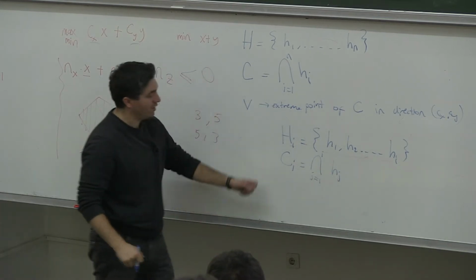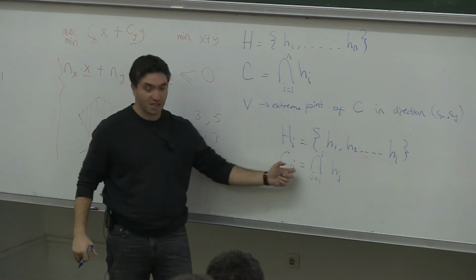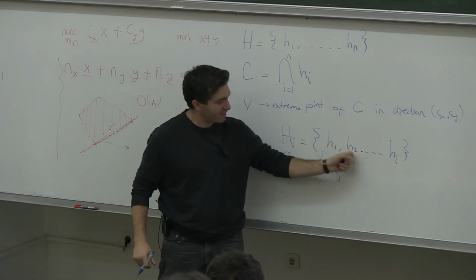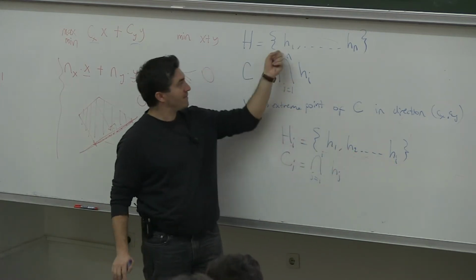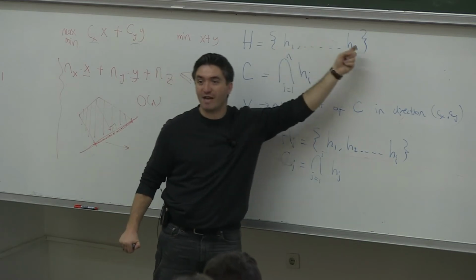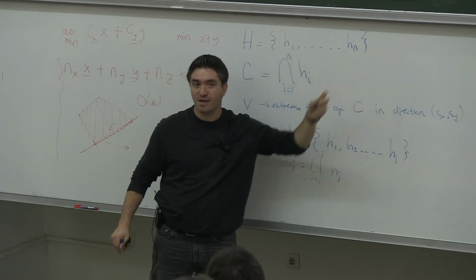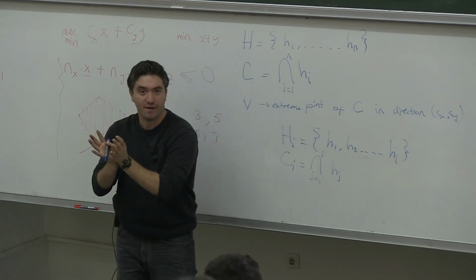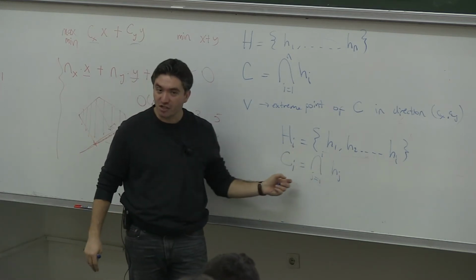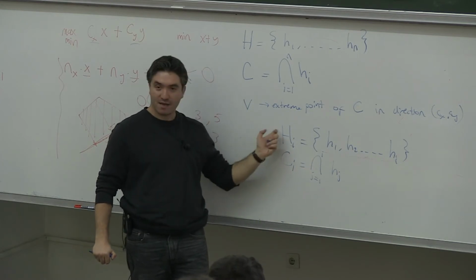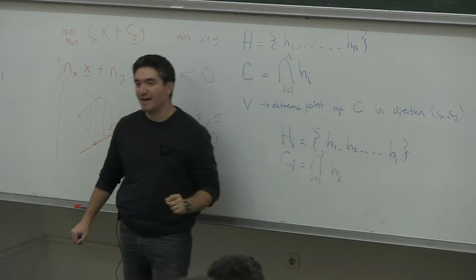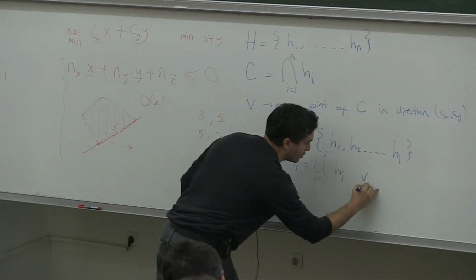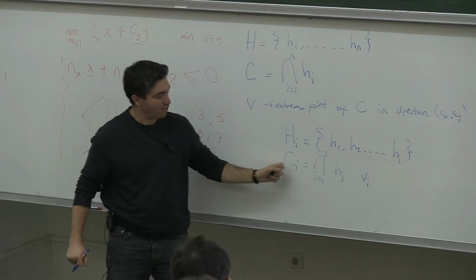So if I process them in a certain order, imagine these are given from 1 to n, my half planes are ordered, and I process the first i of them. After I process the first i of them, I have a certain convex region for them, and Vi is going to be the extreme point of this convex region.